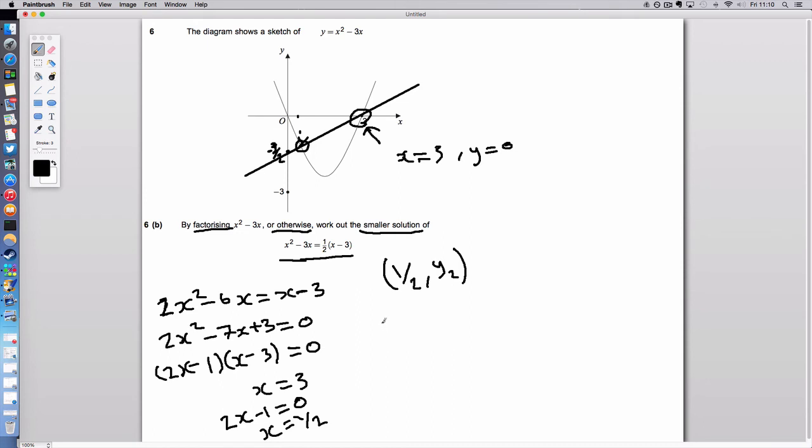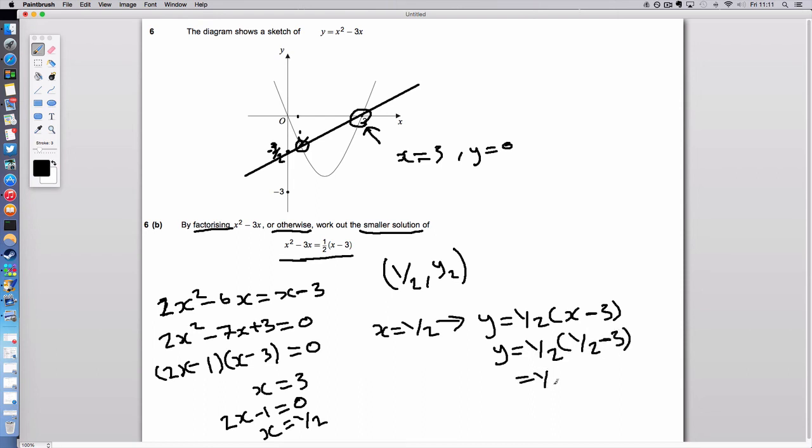So substituting x equals a half into y equals a half x minus 3, we get y equals a half times a half minus 3, so we get a half times minus 5/2.